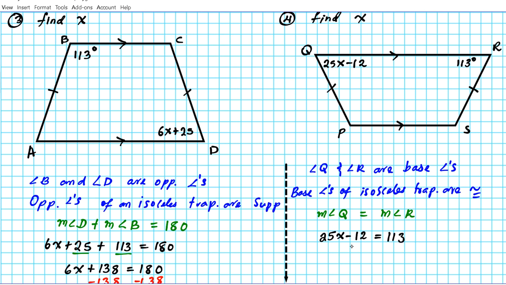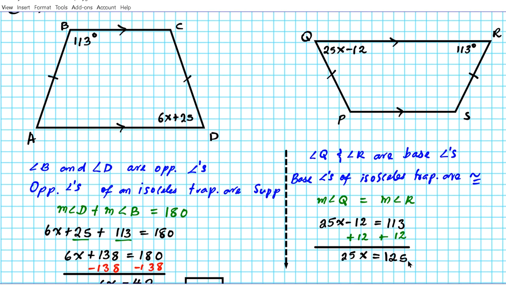Now to get x isolated, this is a two-step algebraic equation. We're going to add 12 to both sides of the equation. If we do that, what's that going to give us? We are going to have 25x is equal to 125.